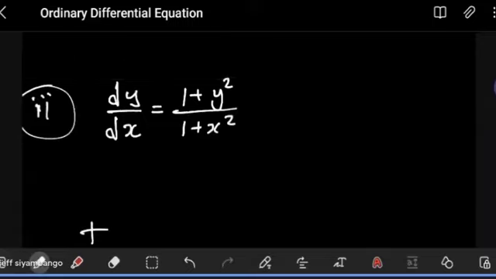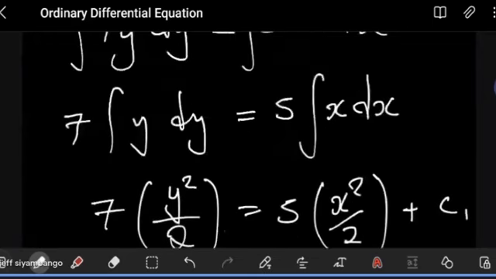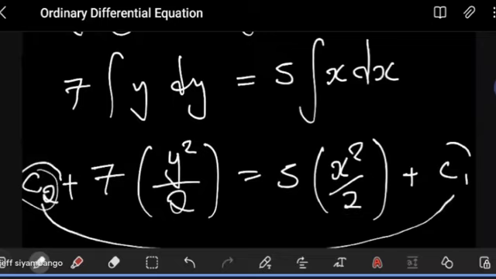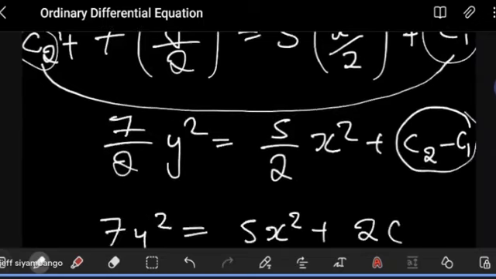Do you get that? Somewhere here, had I added another constant this side, C2, I can now bring this C2 and this C1 and say, let me take them to the right-hand side. So on the right-hand side, I'll now have C2 minus C1. Don't you see that this will also just be a constant C?